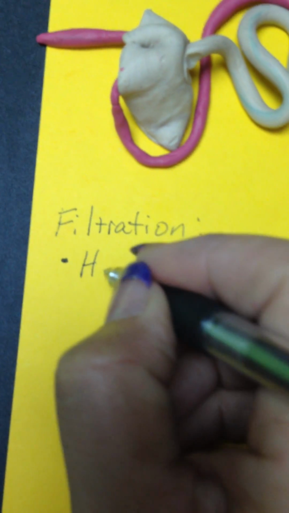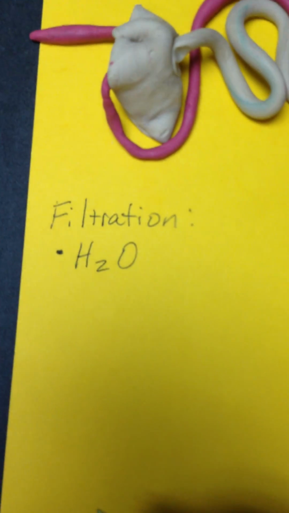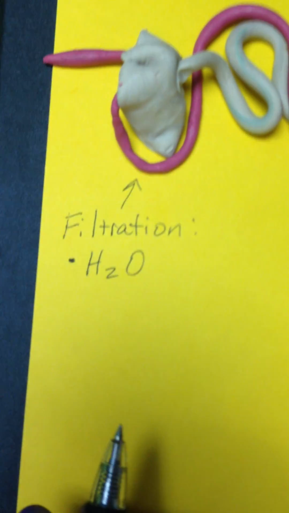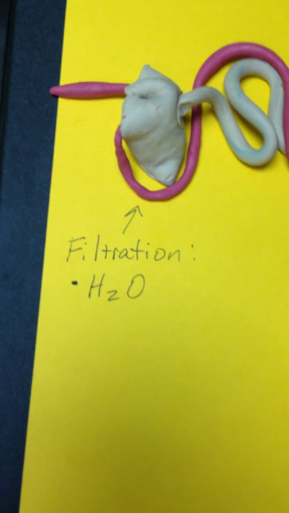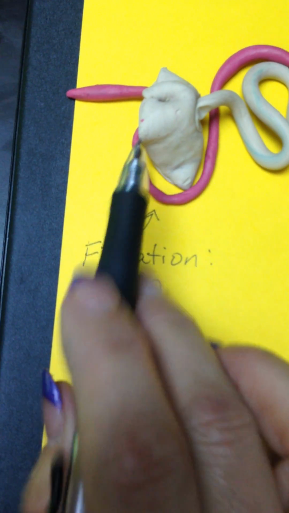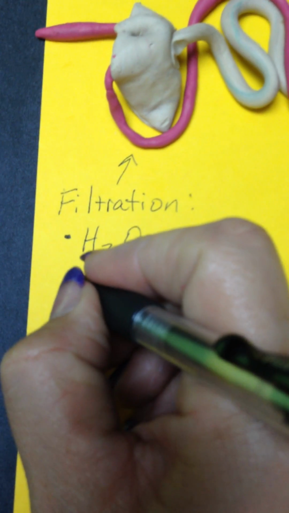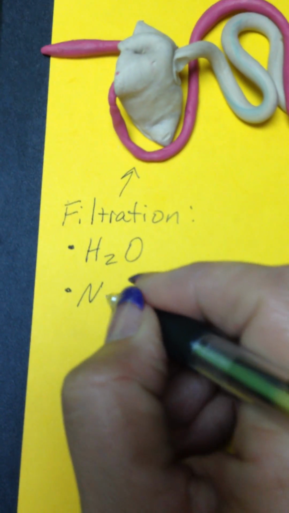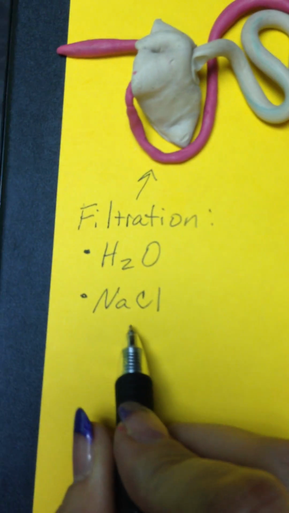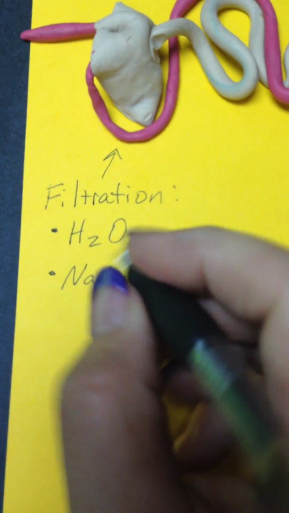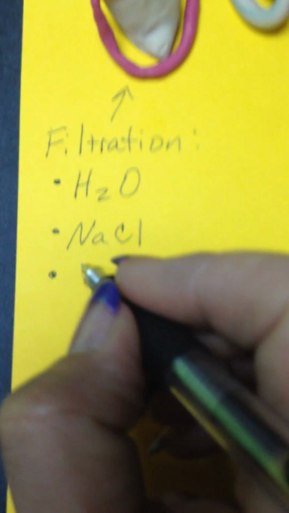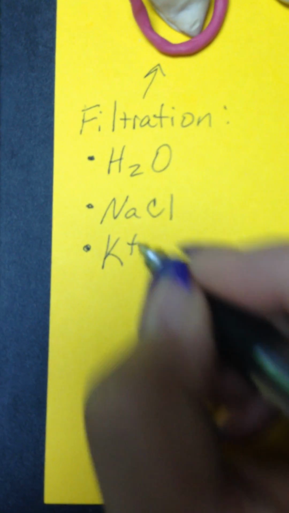lots of water. Lots of water here happening right in this Bowman's capsule and the glomerulus all together, renal corpuscle. So water. Then we have sodium chloride or salt. We have potassium.